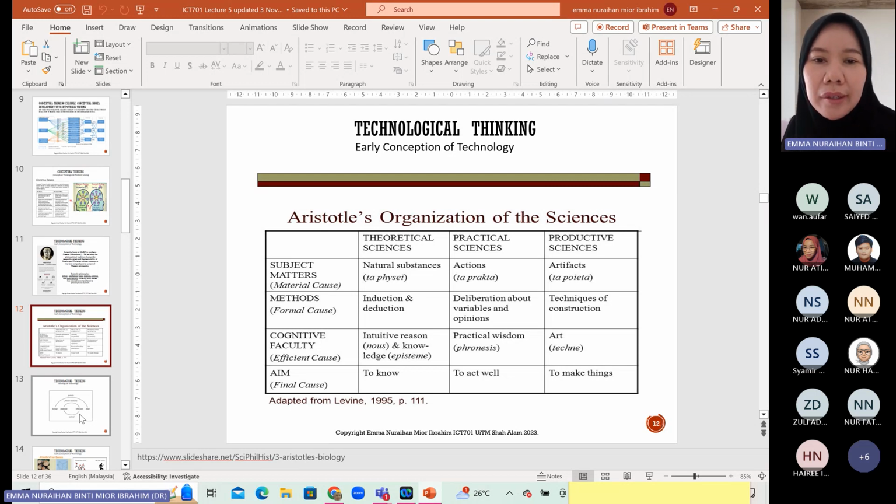Okay, so theoretical, of course, you kena baca banyak on the knowledge side. Practical wisdom, practices. Sometimes knowledge ni bukan setakat you baca je. Sometimes knowledge can come from everyday observation, experiences, ya, practical wisdom.